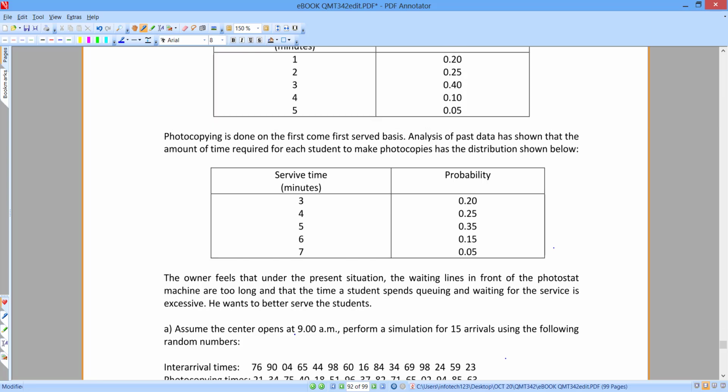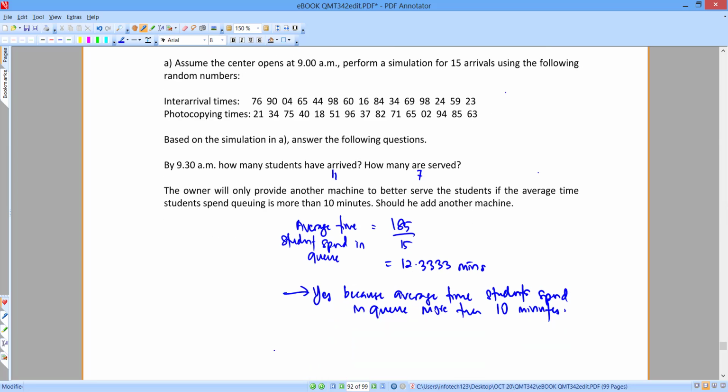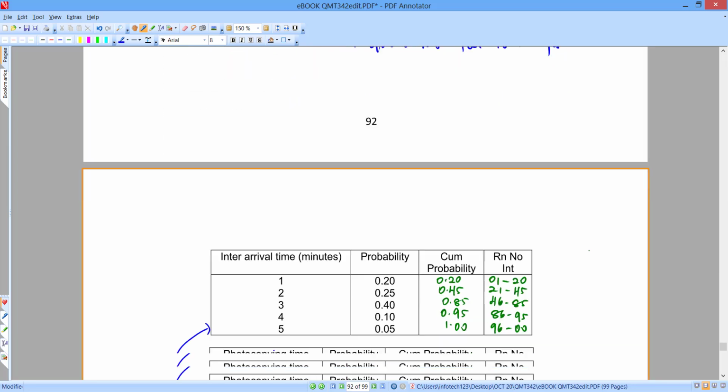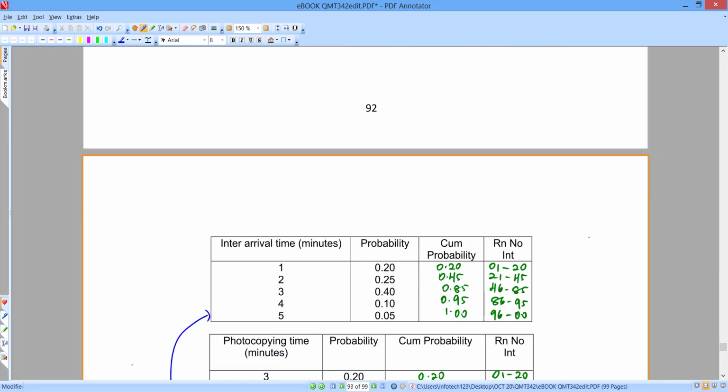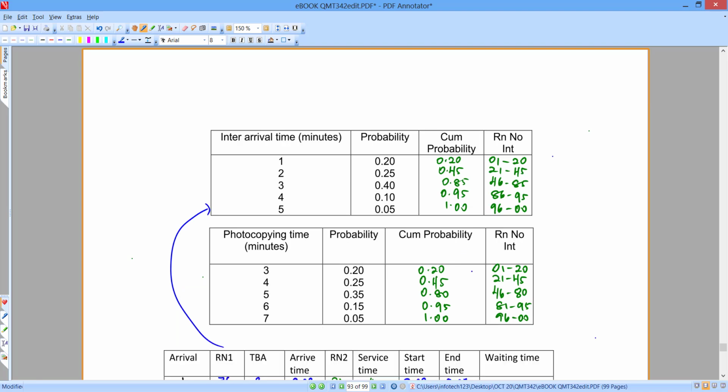So in this example, you need to solve for the random number interval first. Since we are given two tables with probability values, you should construct the random number intervals first. So again, how to construct your random number interval by using the cumulative probability value.